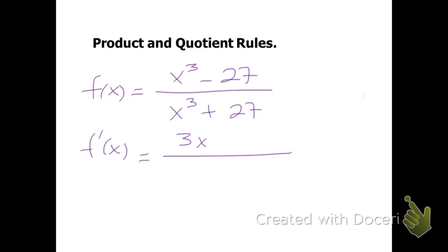If you do that, you're going to get 3x squared and 3x squared down on the denominator. So you will be saying my derivative is 1, but that is not true.